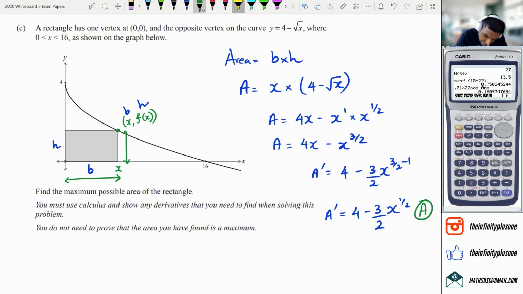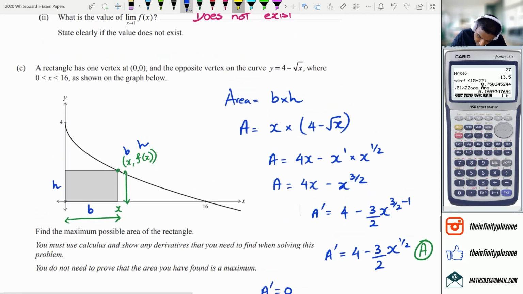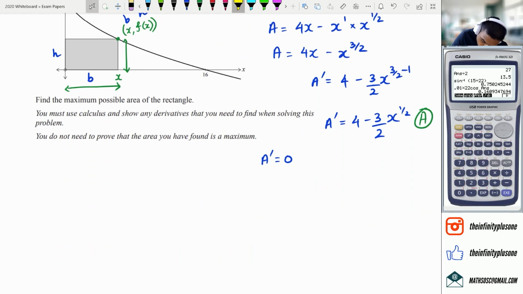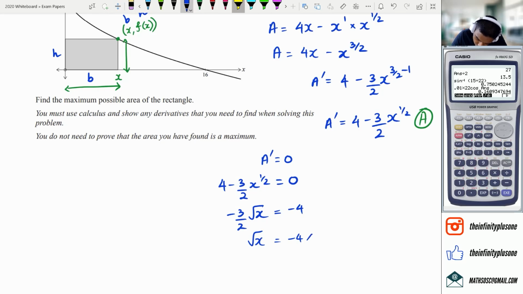And now we need to figure out what the maximum possible area is. So we're going to put down that this happens when A dash is equal to 0, which means we're going to get 4 minus 3 over 2 x to the power of half is equal to 0. So we're going to start rearranging things. 3 over 2 root x equals 4, and then root x is equal to 4 times 2 divided by 3.